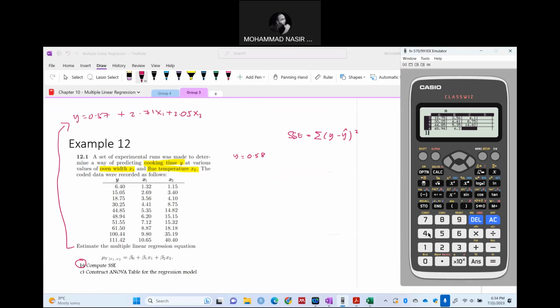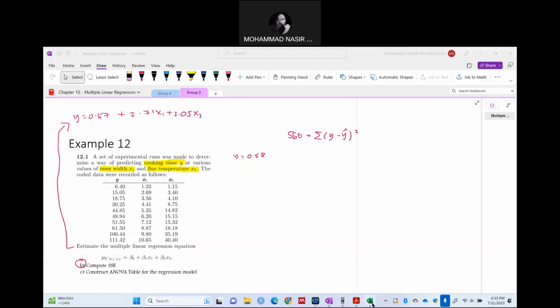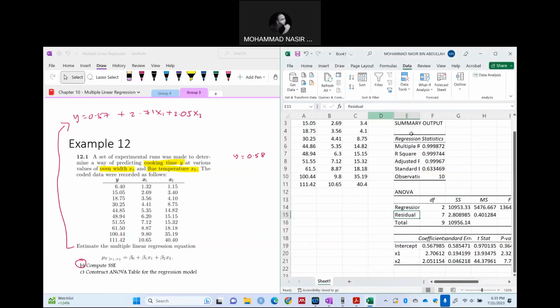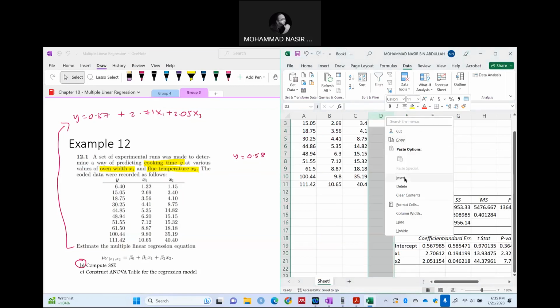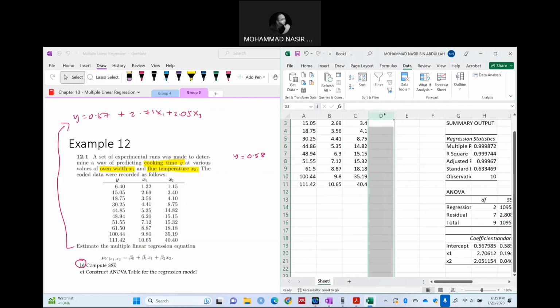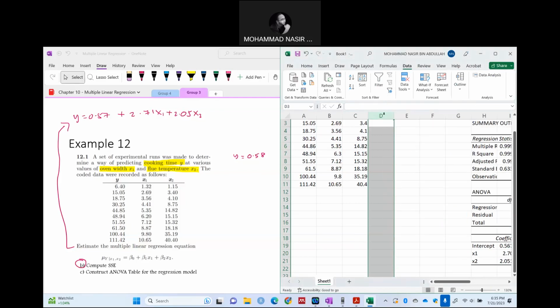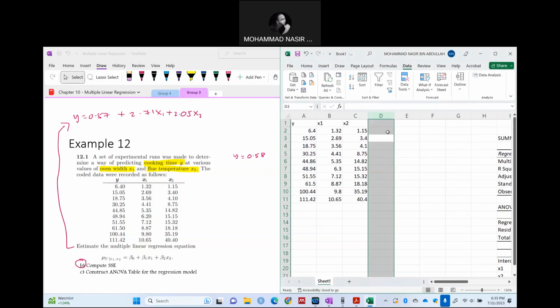Right? For the assignment you use Excel. Right. So come here. You need to calculate this table, but it requires you to calculate manually. Right. So you need to calculate manually.